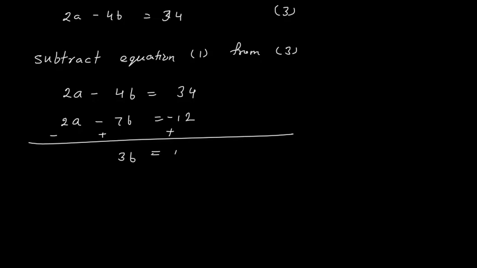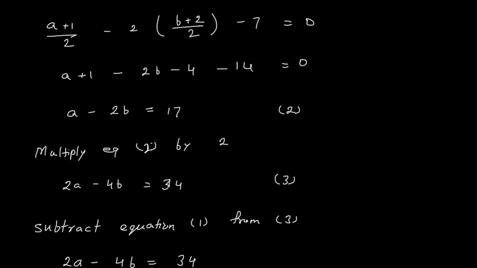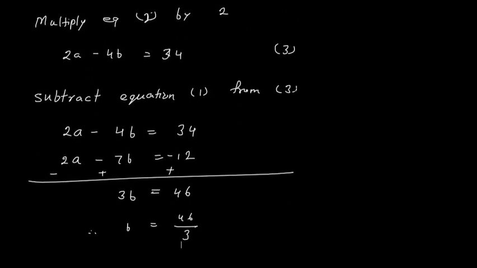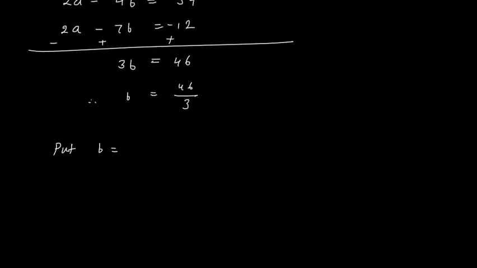Now we put this value in any of the equations. So I will put b is equal to 46 upon 3 in equation 2. So equation 2 is a minus 2b is equal to 17. A minus 2 times b is equal to 17.